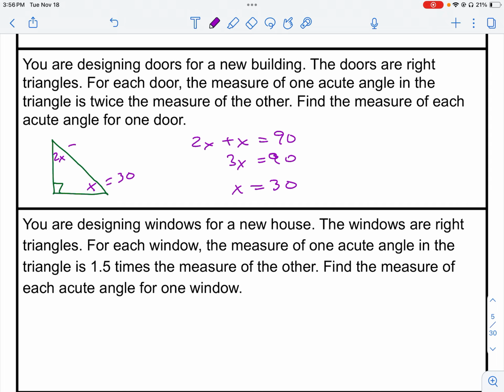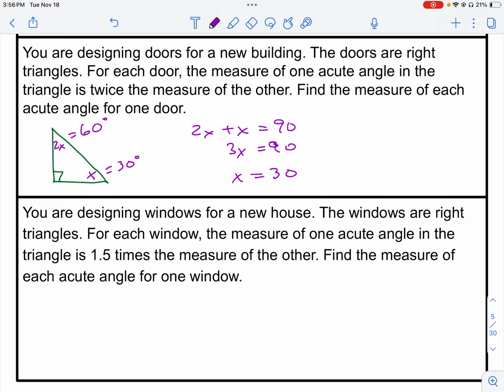So one angle is 30, one angle is 60. 30 plus 60 is 90. We know we did it right. We're good to go and move on.